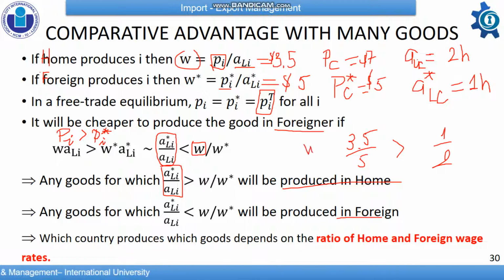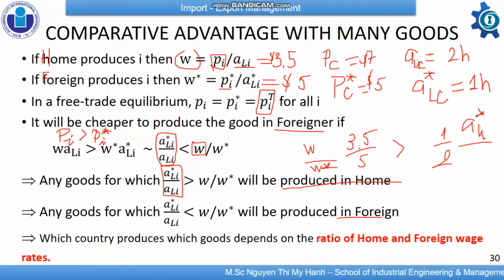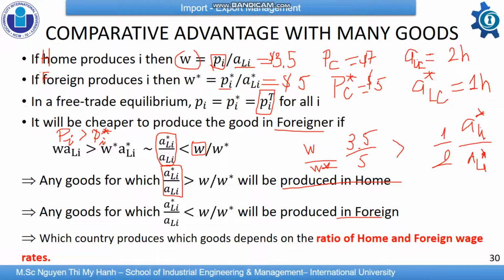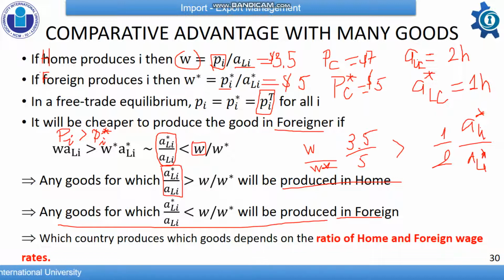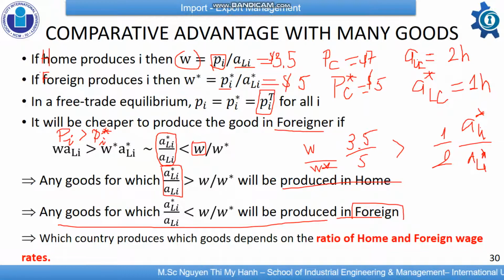So we have W divided by W star larger than a_Li star divided by a_Li. So in this case, we can conclude that cheese will be produced in foreign. So which country produces which goods will depend on the ratio of home and foreign wage rates.